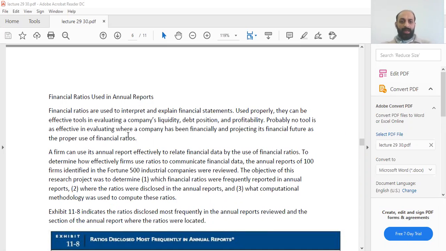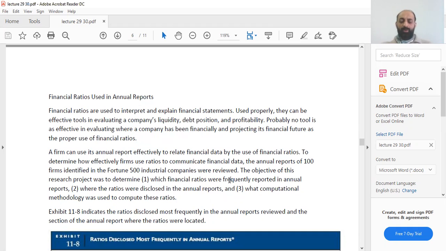Financial ratios are used to interpret and explain financial statements. Used properly, they can be effective tools in evaluating a company's liquidity, debt position, and profitability. Probably no tool is as effective in evaluating where a company has been financially and projecting its financial future as the proper use of financial ratios.